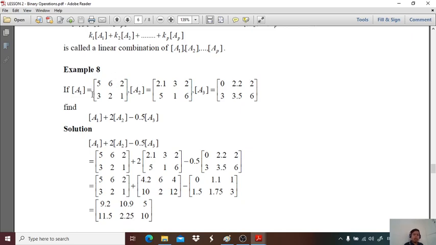Since A1 is 2 by 3, the same as A2 and A3, they satisfy the condition, and we can add them. So we have A1 plus 2A2 minus 0.5A3. So we have to apply the scalar multiplication for each matrix, then apply the addition and subtraction.